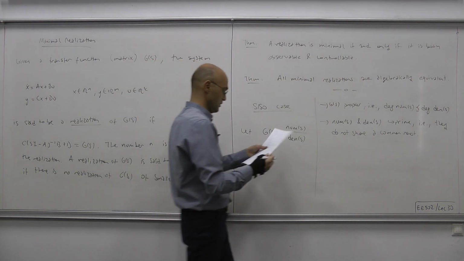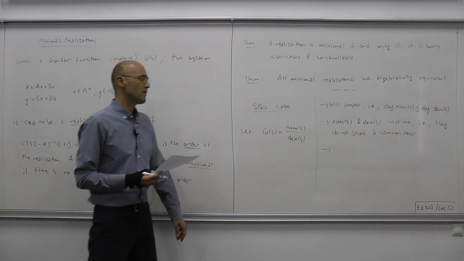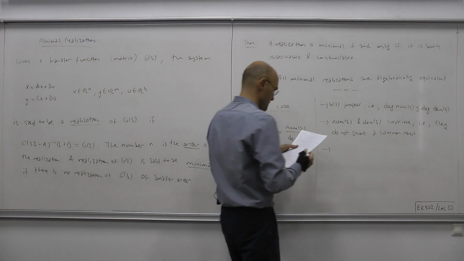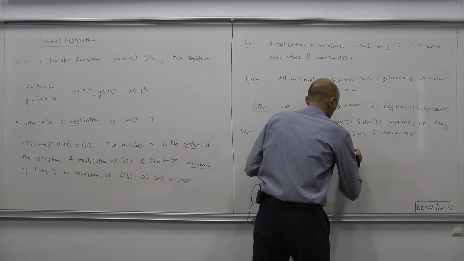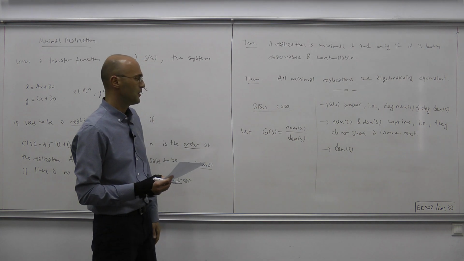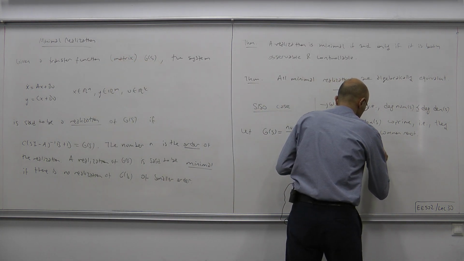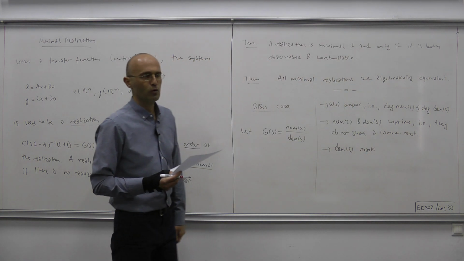And the final condition is that the denominator polynomial, which can always be put in that form, is a monic polynomial.